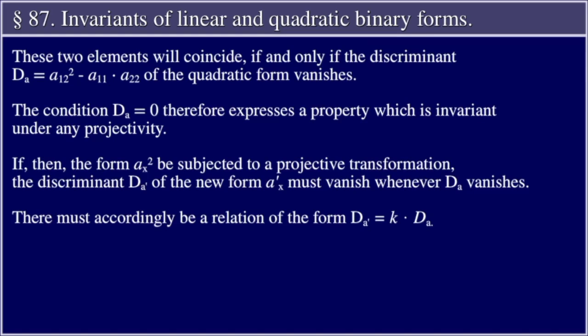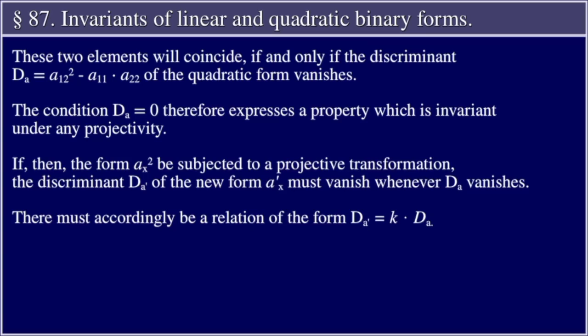These two elements will coincide if and only if the discriminant d sub a equals a sub 12 squared minus a sub 11 times a sub 22 of the quadratic form vanishes. The condition d sub a equals 0 therefore expresses a property which is invariant under any projectivity.